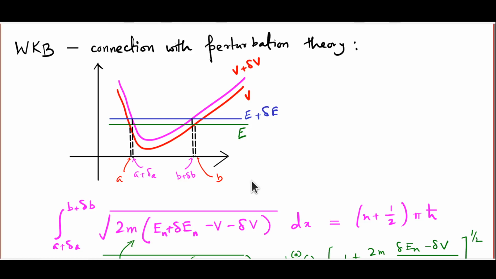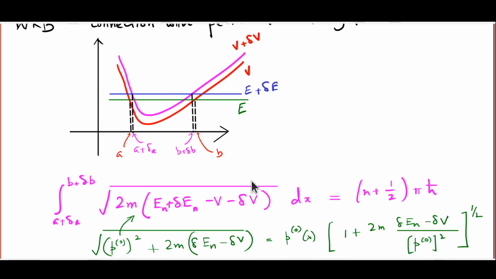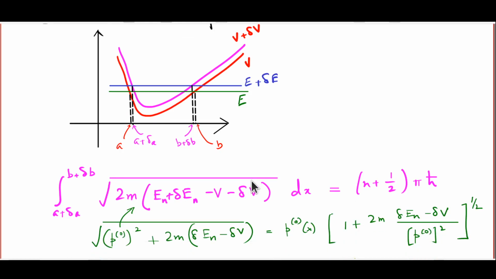So if you do that, you can write the square root as the square root of P0 whole square, that of course is twice m into En minus V, plus this additional correction term which is small, twice m into delta En minus delta V. The obvious thing to do would be to pull out P0 from the square root, and then you have 1 plus a small quantity raised to the power half, so you can immediately use the binomial theorem and retain only the first order terms in delta V.